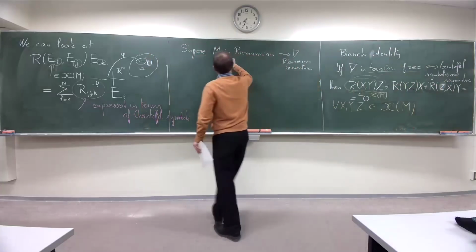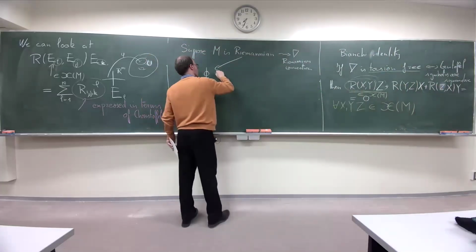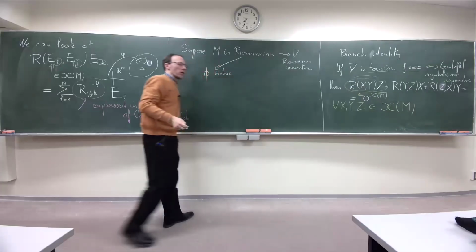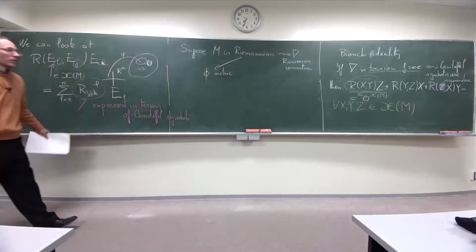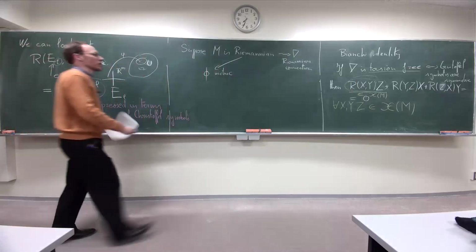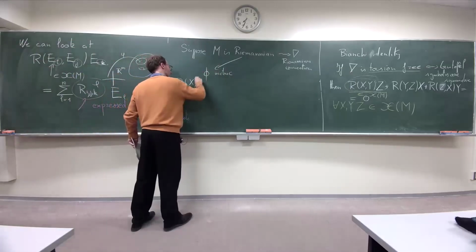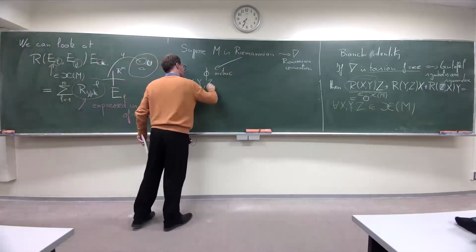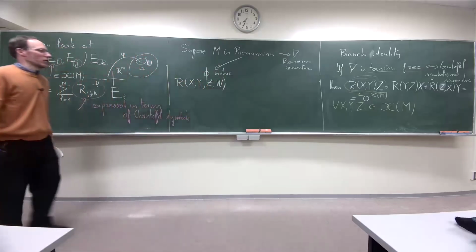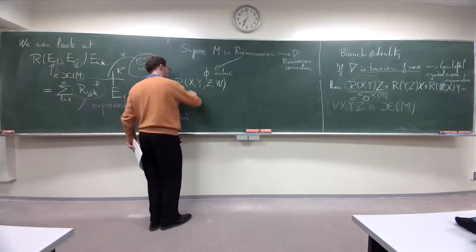But it implies that we have phi, which is a metric on the Riemannian manifold by definition. I mean, we have a metric. So I can look at this. I can define an object which is in terms of 4 vector fields.